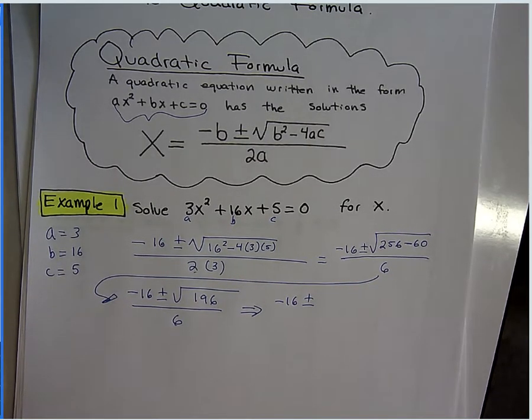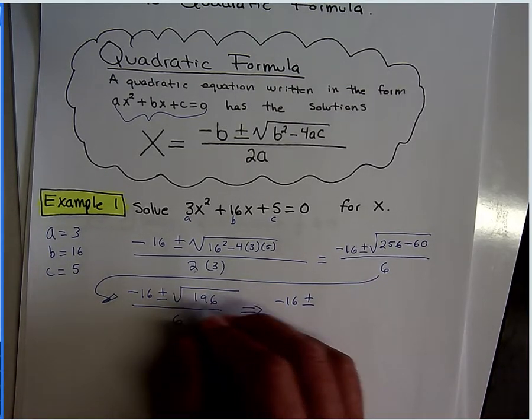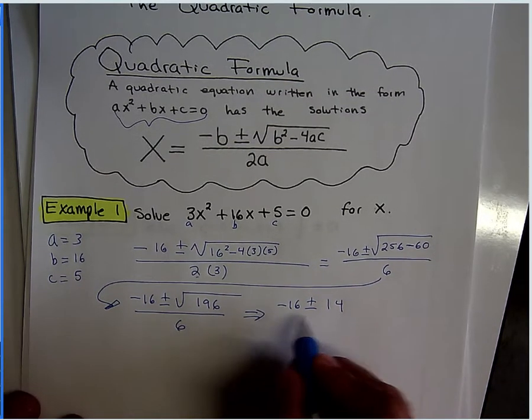But that one has a perfect square. The square root of 196 gives me 14, over 6.